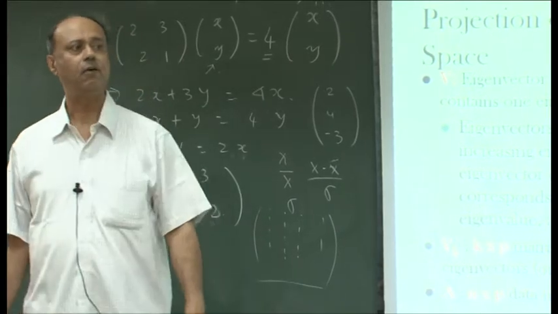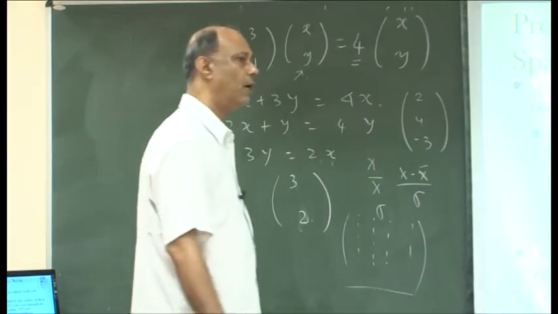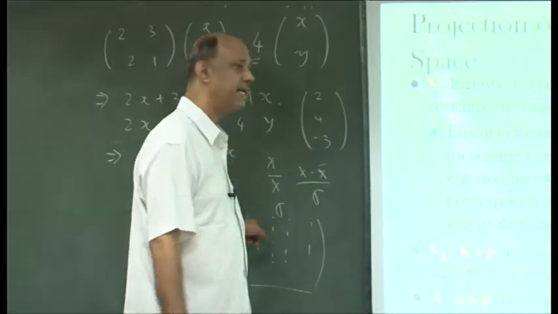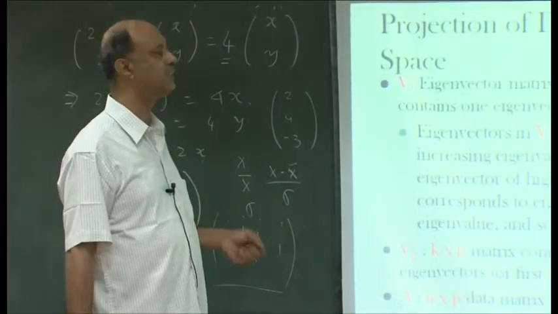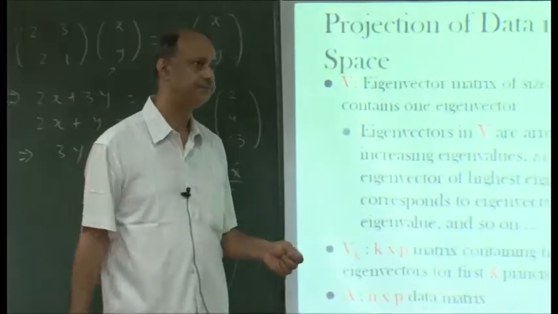The second row contains all the elements of the eigenvector having the second largest lambda value, and so on.